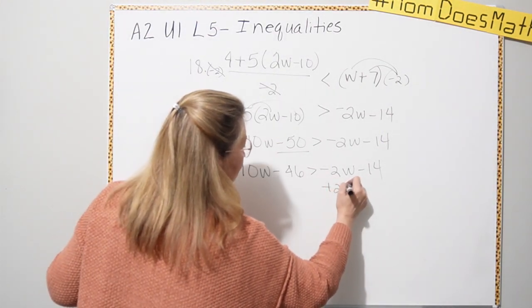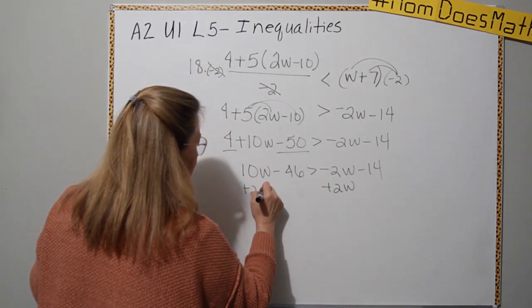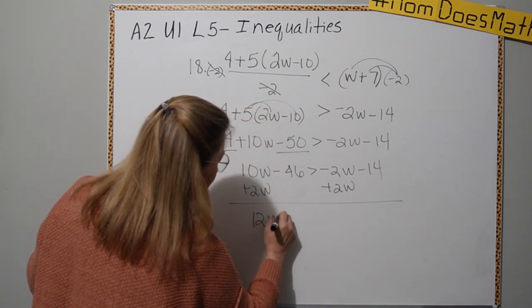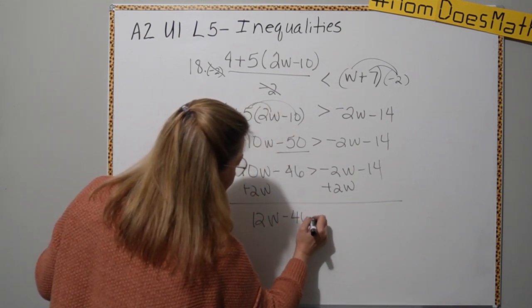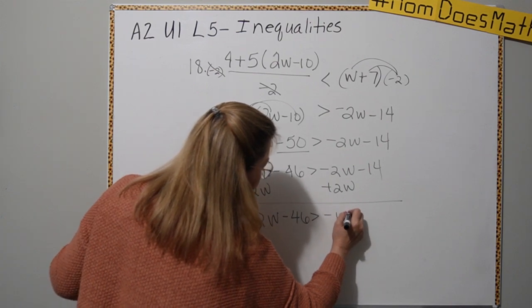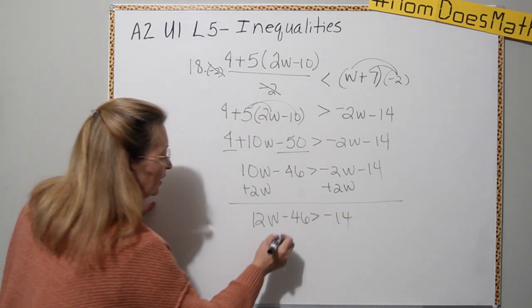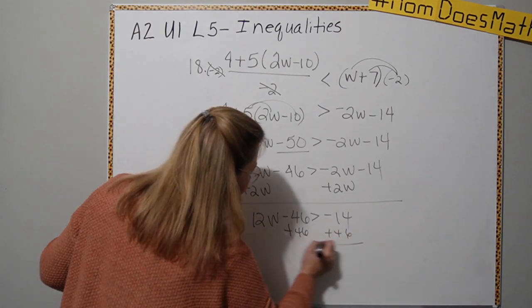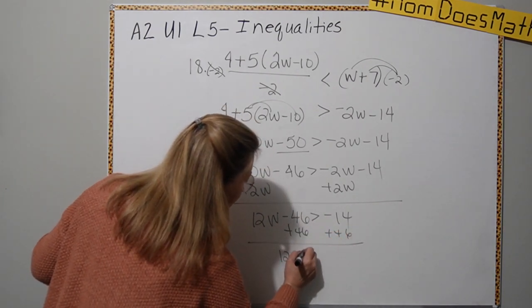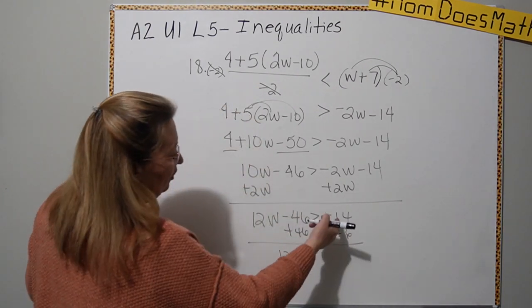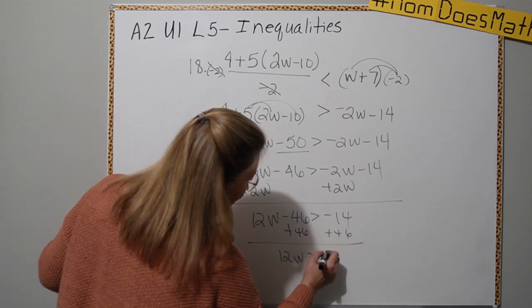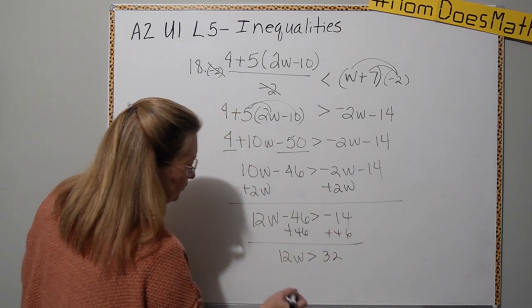We can add 2w to each side. So now I have 12w minus 46 is greater than negative 14. Let's add 46 to each side. So now I have 12w is greater than, all right, negative 14 plus 46 is positive 32.